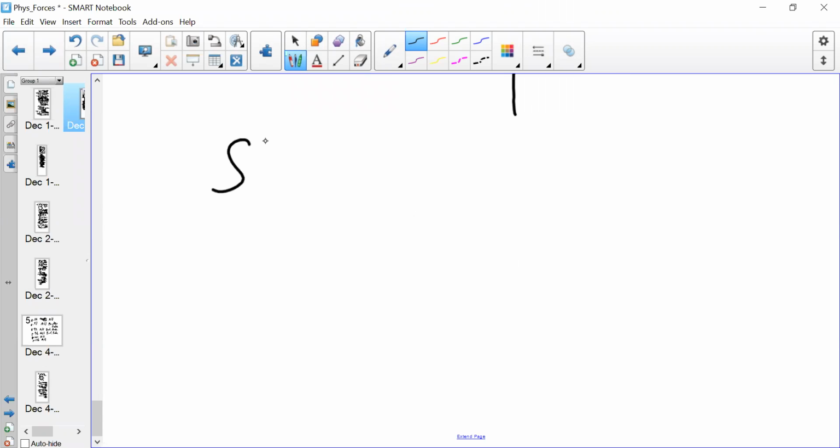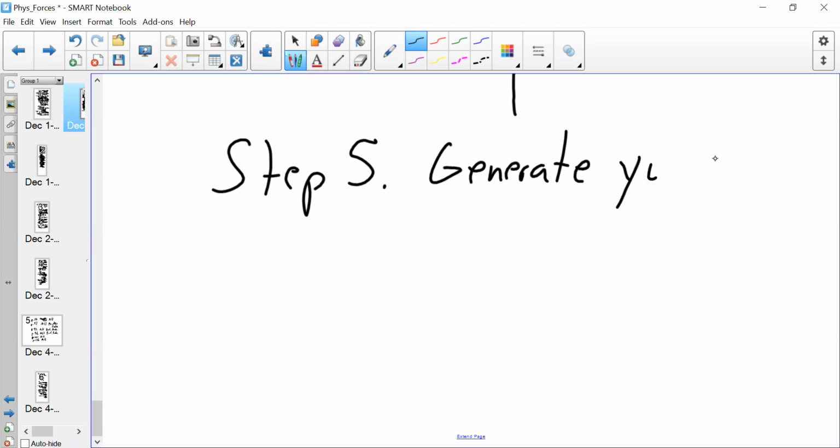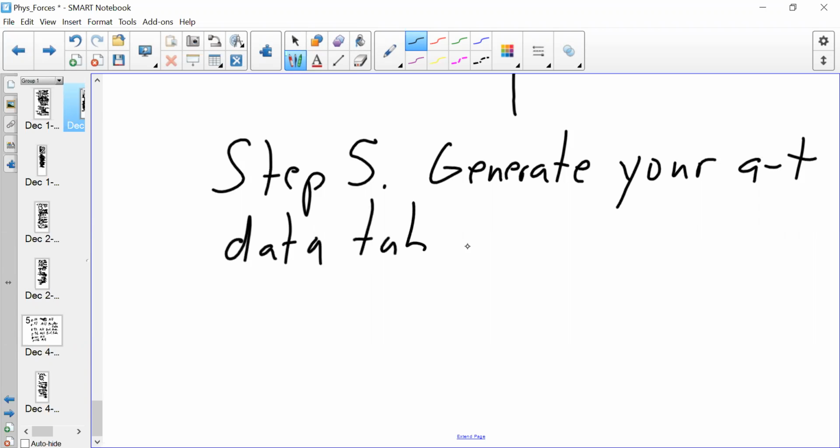Let's insert this. Step 5. Generate your AT data table from your VT data table points.